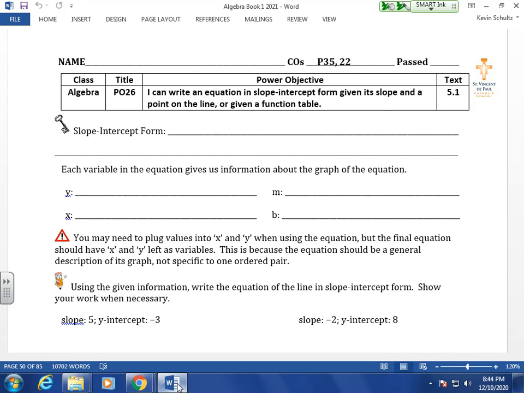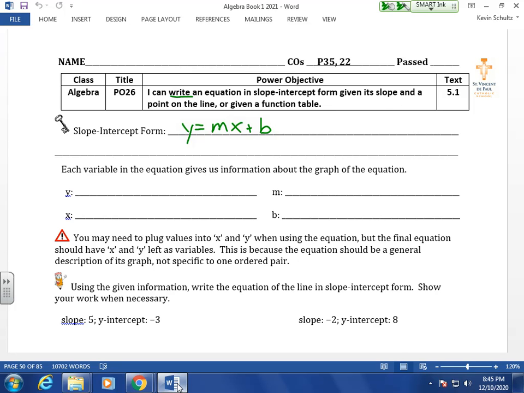So anyway, PO26. Yesterday in PO25, we focused on graphing equations that were in slope-intercept form. Today, our focus is going to be on writing equations in slope-intercept form. And there's a lot of different ways that information can be presented to you. But if you remember, the cool thing about slope-intercept form is that it is y equals mx plus b. Its focus is on the slope and the y-intercept of the line, right?